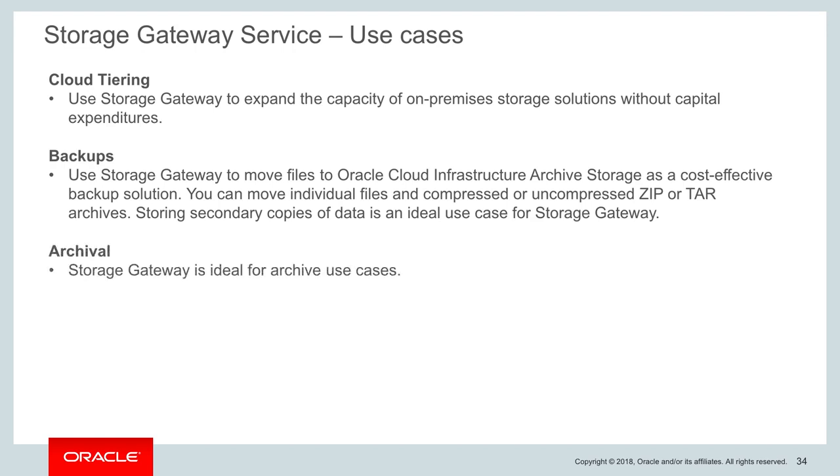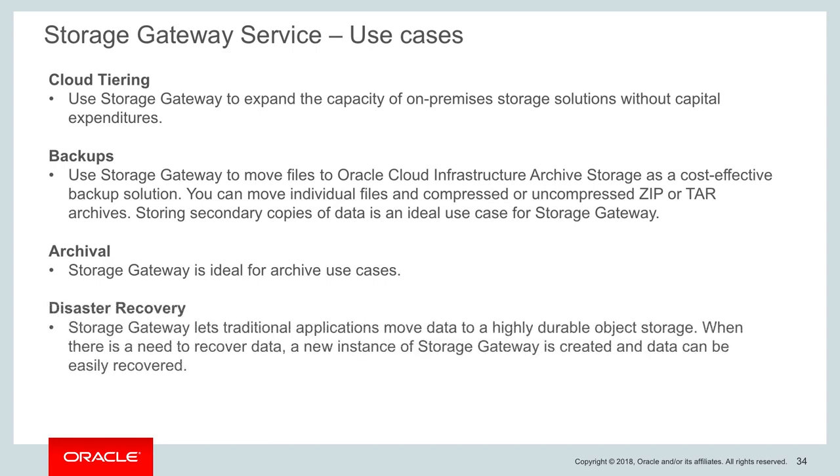For archive, you can use storage gateway for archive as well. And disaster recovery, right? So in case you want to create a disaster recovery plan from on-premises to the cloud, and you want to have a place where you can store the data and then get access in case something went wrong with your on-premises, you can use the storage gateway to send that data over to OCI.